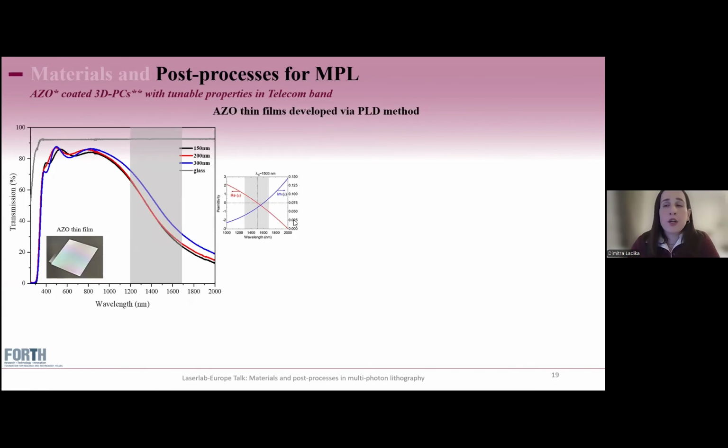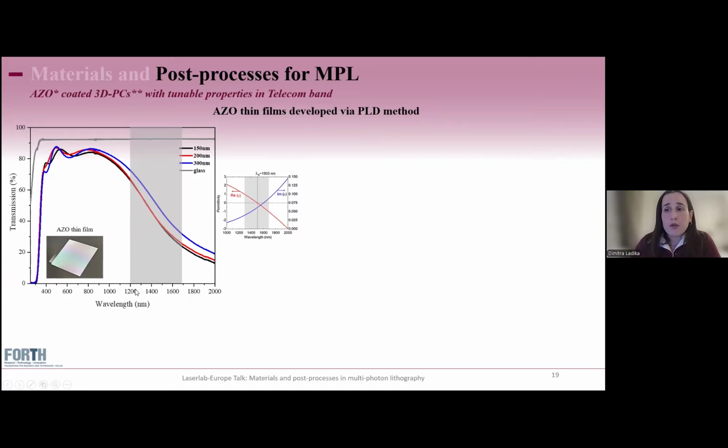So starting with the results, firstly, we developed 3 different films of different thicknesses in order to investigate which one is more interesting for us. And we saw that in the transmission spectrum, all of them show the same behavior, being highly transparent in the visible and near IR.